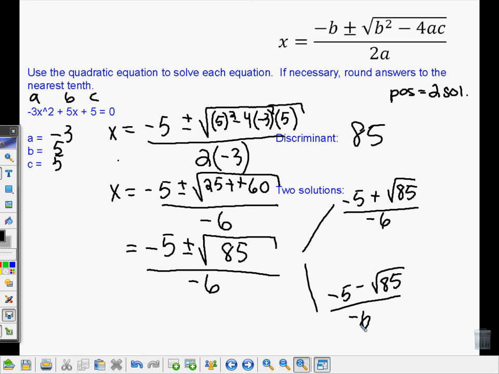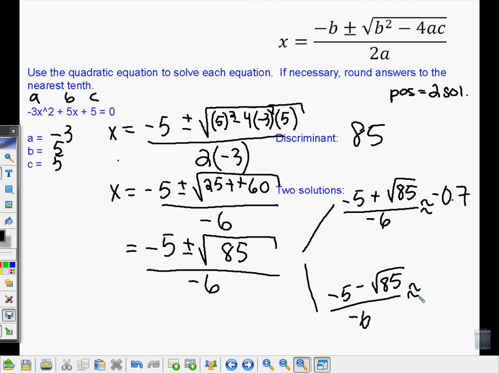So, we would take negative 5 plus the square root of 85 and then divide it by negative 6. All right? We're just going to round, equals negative 0.7. This one, we have to do minus.